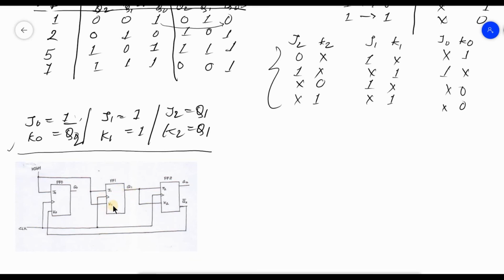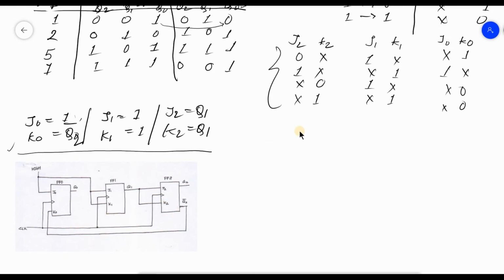And J1 and K1 both are connected to 1. You can see here high is connected. And finally J2 is from Q1 and K2 is from Q1 as well. Since it is a synchronous one, they all have a common clock, and we get our respective outputs from here, which is Q2, Q1 and Q0.